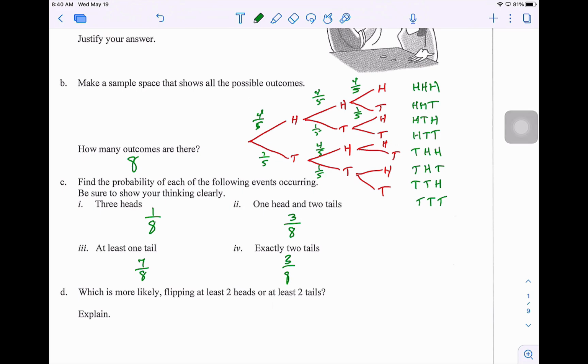So 4 times 4 is 16. 16 times 4 is 64. 5 times 5 is 25. Times 5 is 125. So now for the weighted coin, the probability of all 3 landing heads would actually be 64 out of 125.